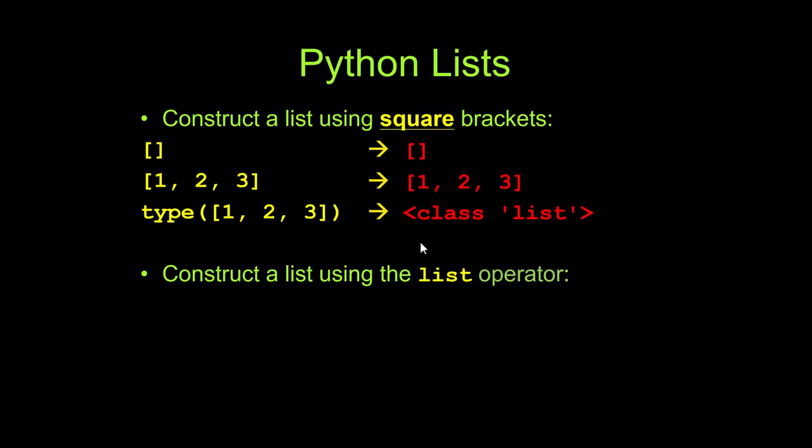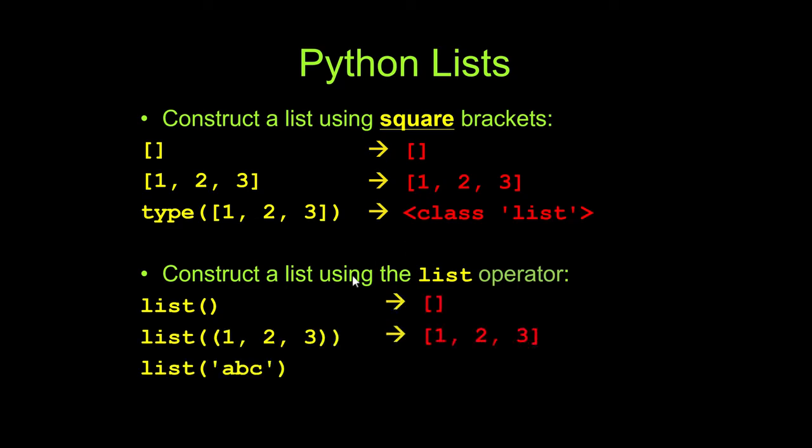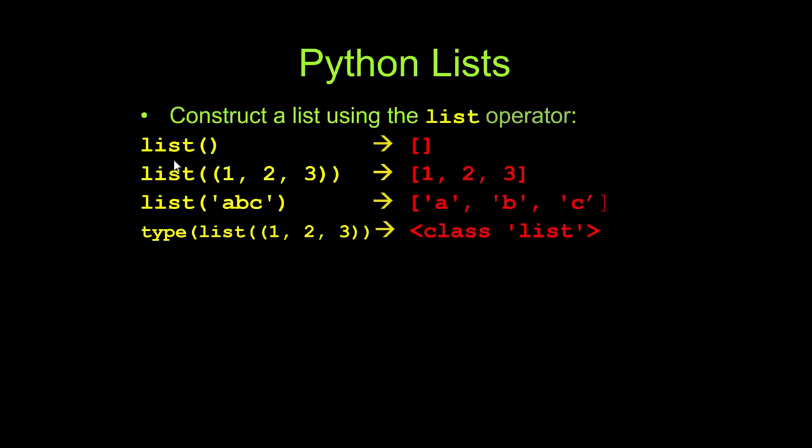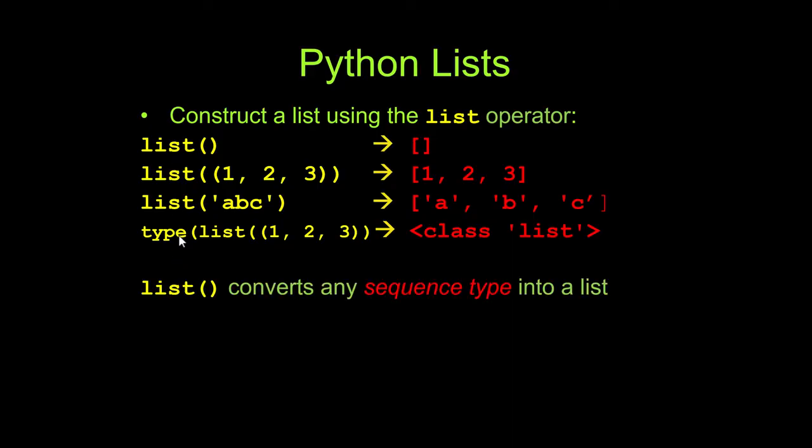We can also explicitly create a list with the keyword list to get an empty list, a list of 1, 2, and 3, a list with character A, B, and C, and to check the type of a list with type to get class list. Actually, we just saw the keyword list is to convert any sequence type into a list.